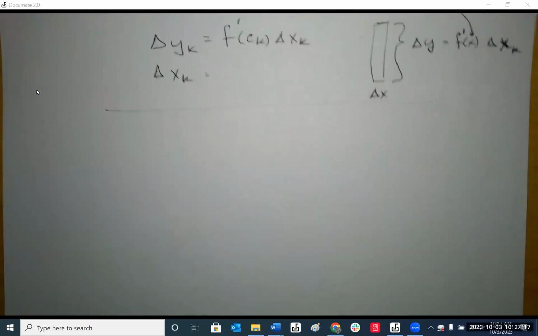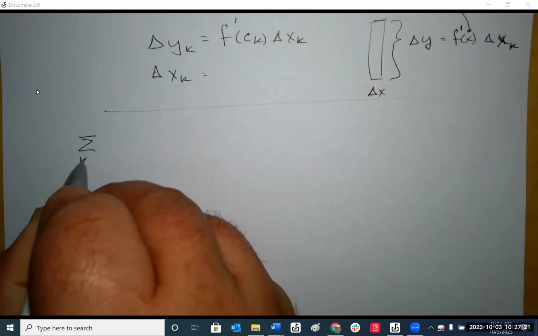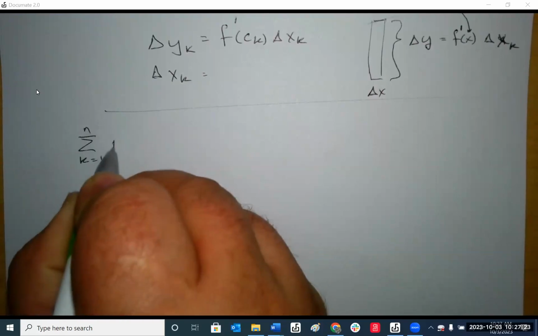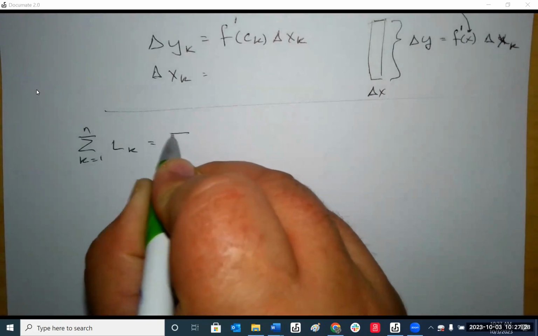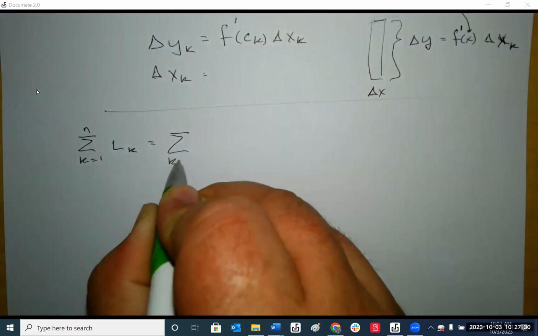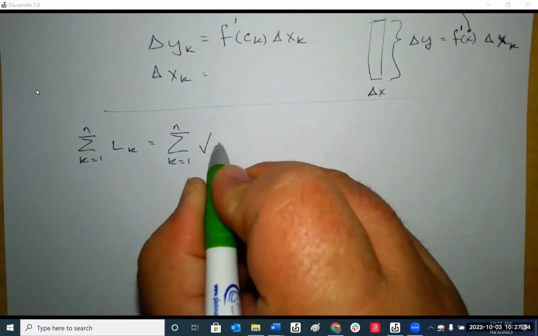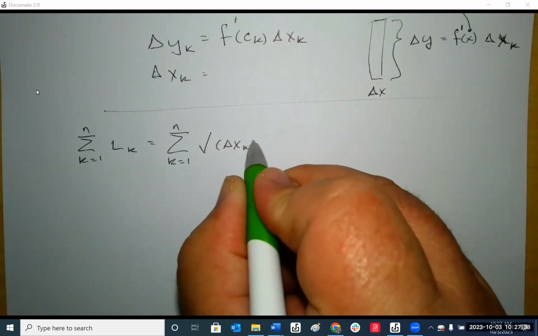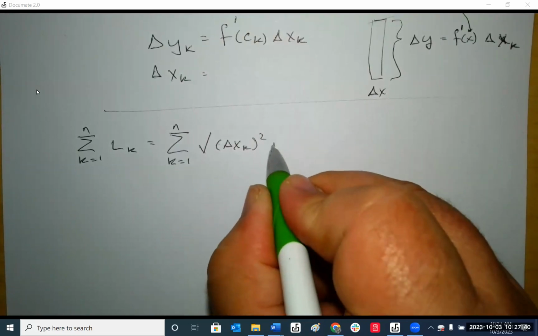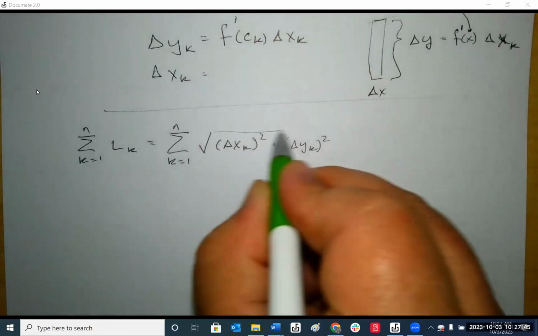Let's see what we have so far. We have the summation of our lengths, which is equal to the square root of delta x sub k squared plus delta y sub k squared.